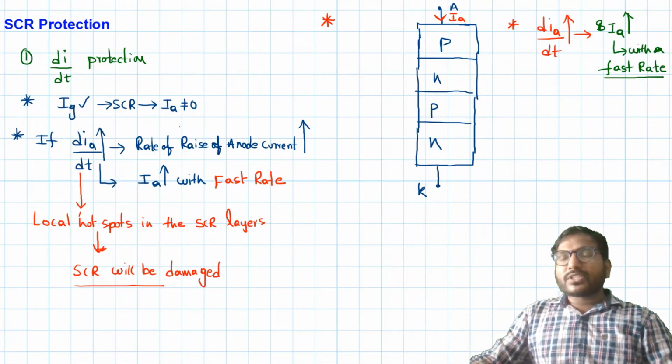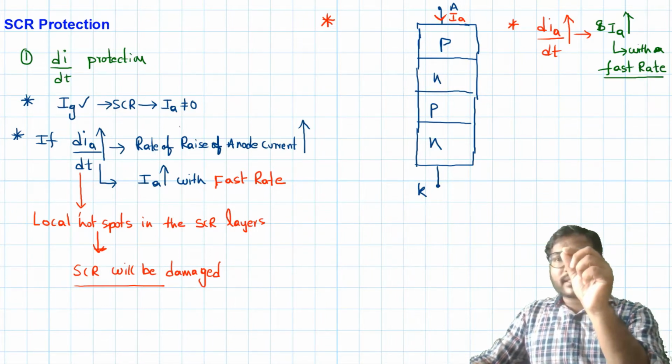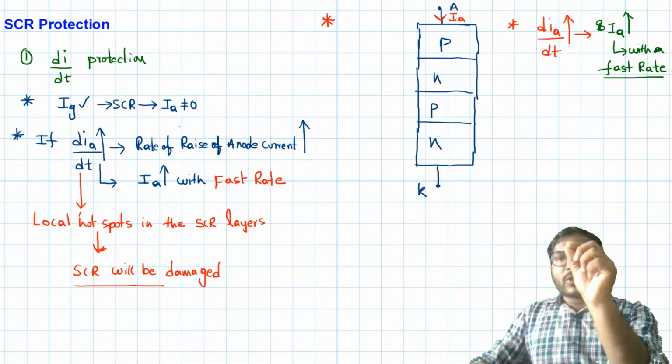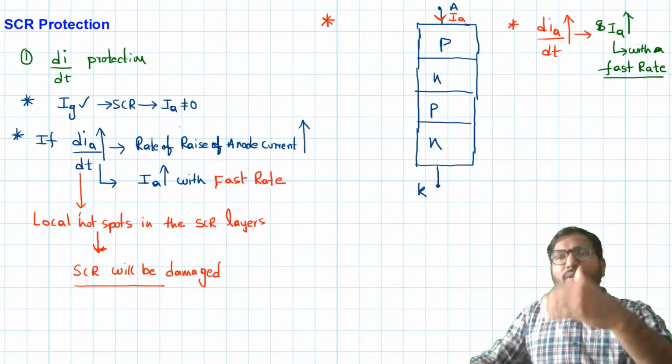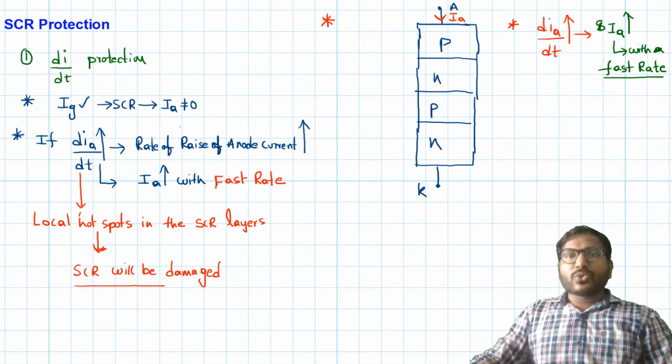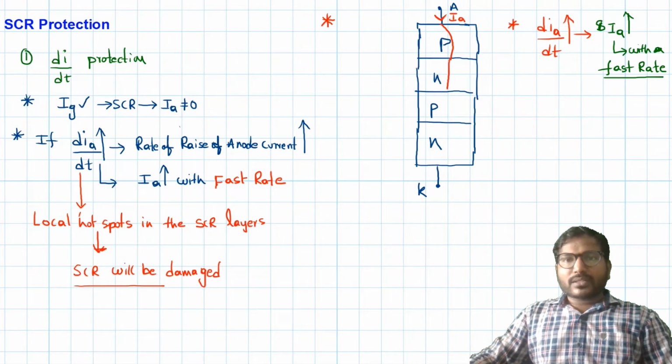Concentrate on this point: due to this fast increase in anode current, it chooses a narrow path to flow from anode to cathode through the SCR layers.